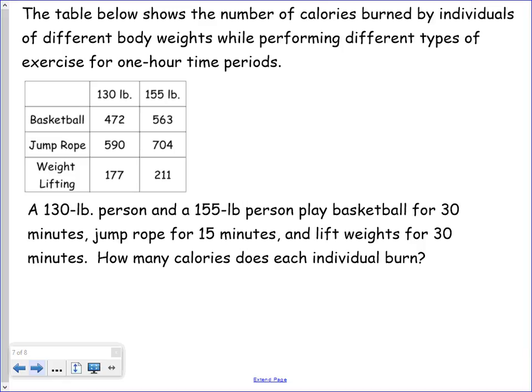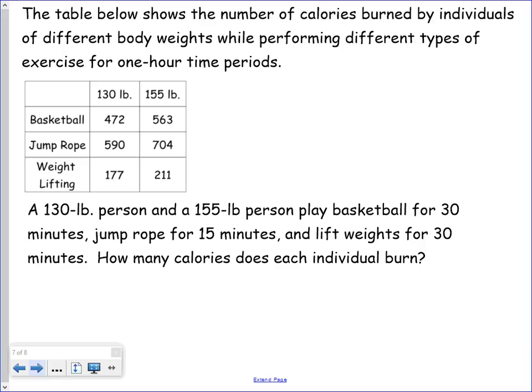But I'm going to encourage you to think about which matrix operation you could use and then how to set that up. I could be adding matrices together, subtracting, multiplying by a scalar, or multiplying matrices. Try to think about which matrix operation would be useful here.